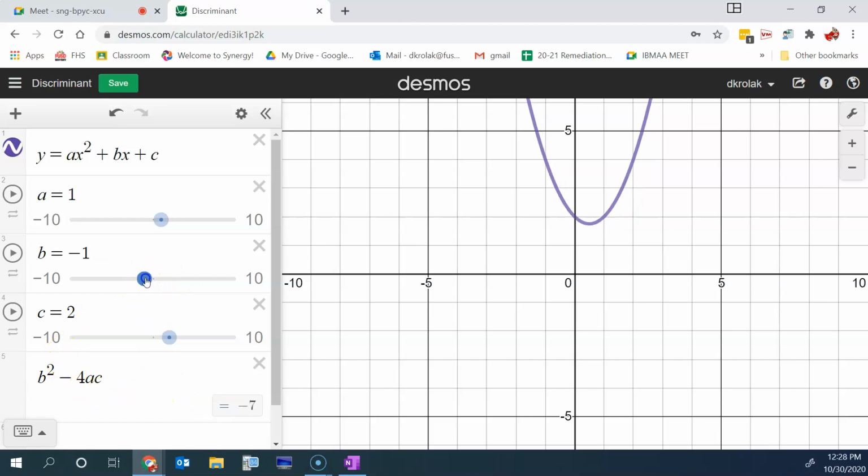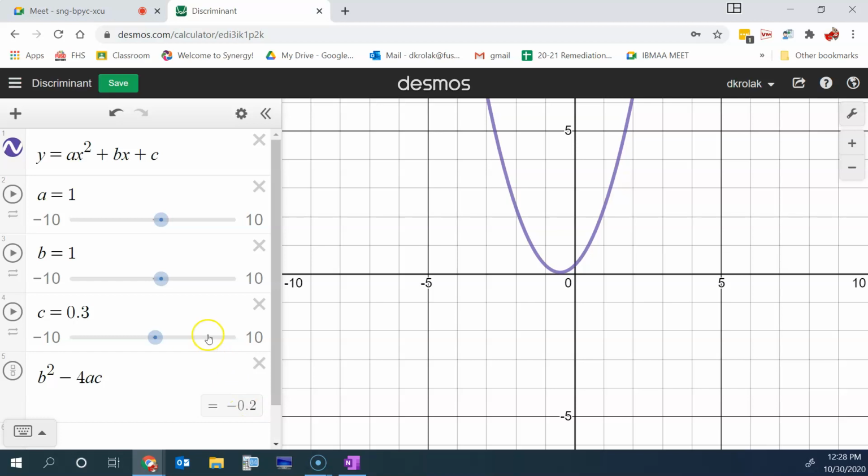So I'm going to set this so that it's 0. Let's put this back at 1. I'm going to get this as close to 0 as I can. Why did I move it? Because I'm trying to get the discriminant to be 0.